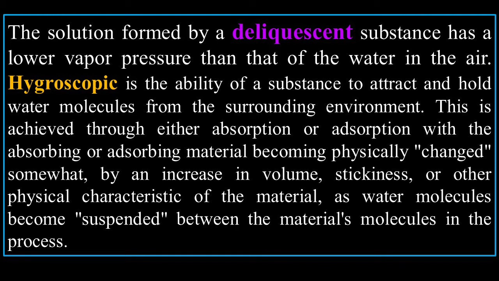This process differs from absorption, in which a fluid permeates or is dissolved by a liquid or solid. Adsorption is a surface-based process, while absorption involves the whole volume of the material. So adsorption is the adhesion of atoms, ions, or molecules from a gas, liquid, or dissolved solid to the surface.